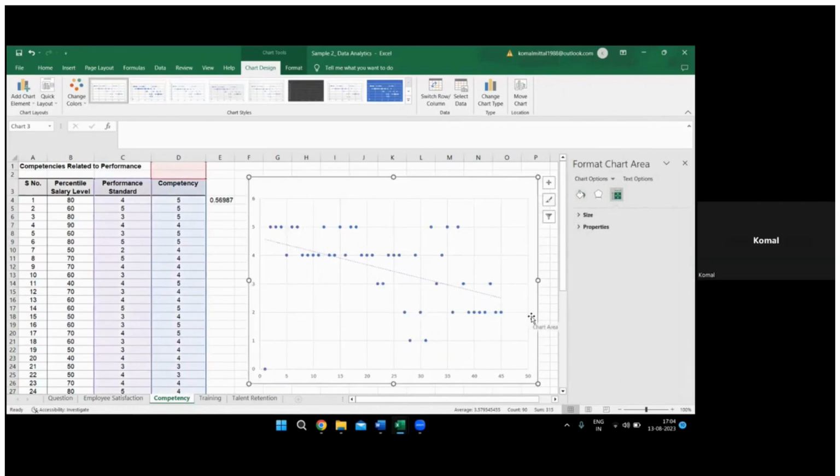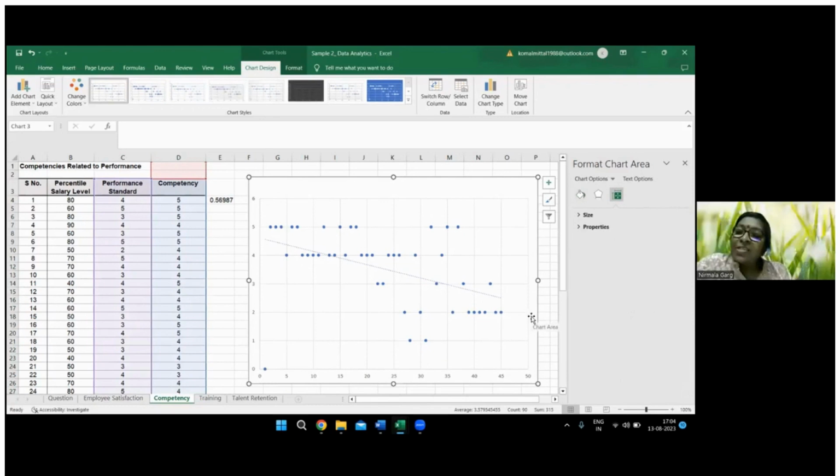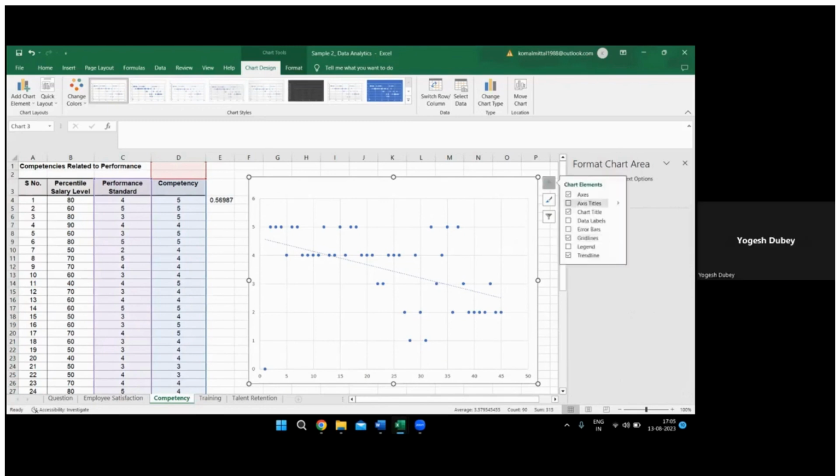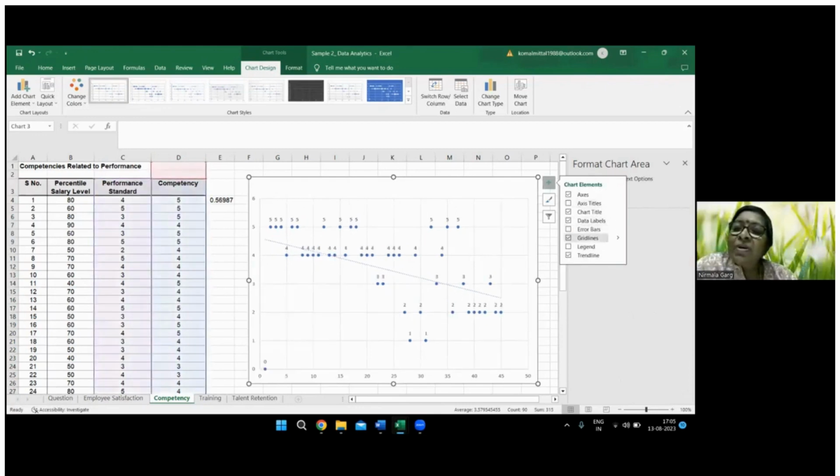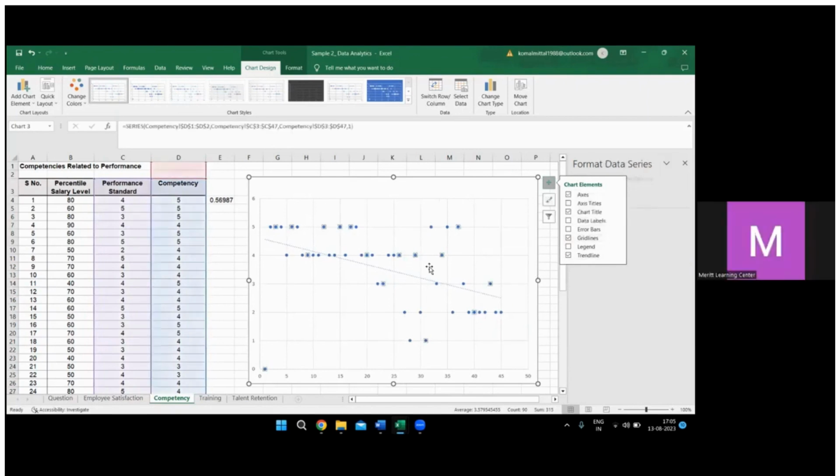In fact, if you go to the format chart area and click on that plus sign, and look at the trend line, just click on a blue dot, and then right click.